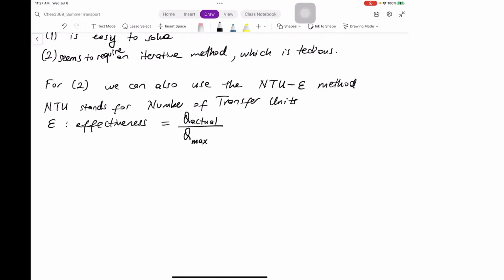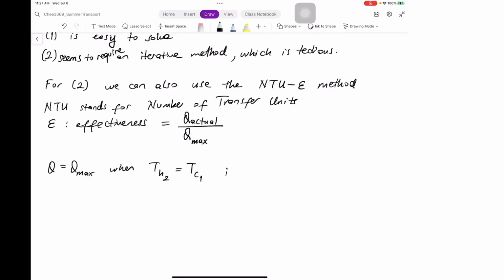What is Q max? So what do we mean when we say Q max? Q is Q max when T hot 2 becomes equal to T cold 1.